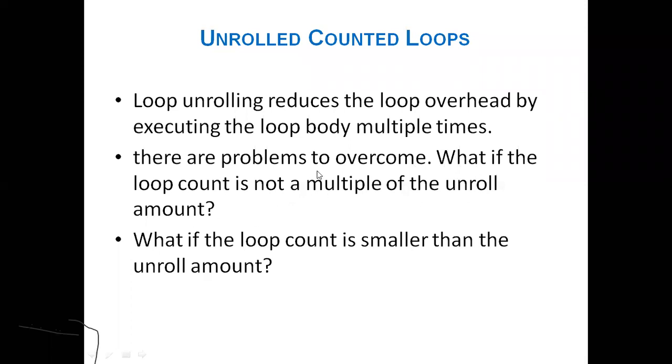Then in that case, what is supposed to be done? And what if the loop count is smaller than the unroll amount? Let us take an unroll amount of 3 and a loop count of only 2. What is supposed to be done in that situation? That is a problem that comes with unrolled counted loops.